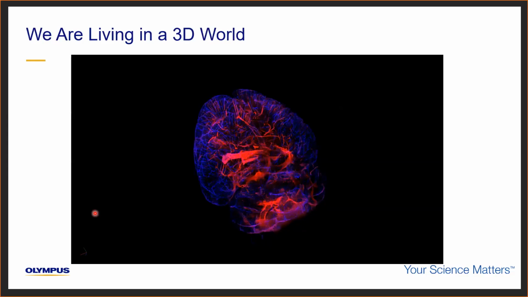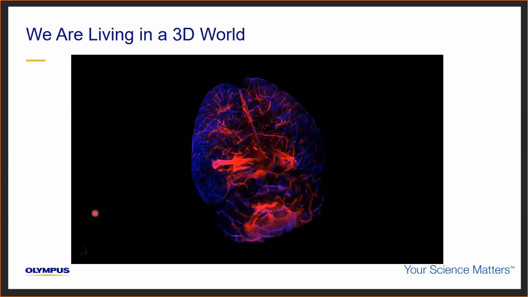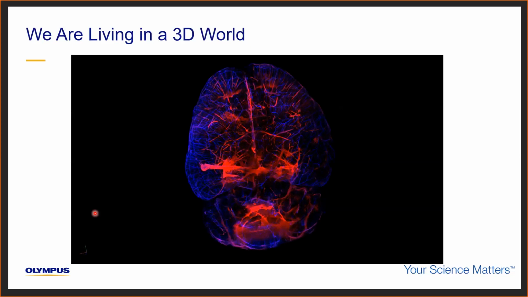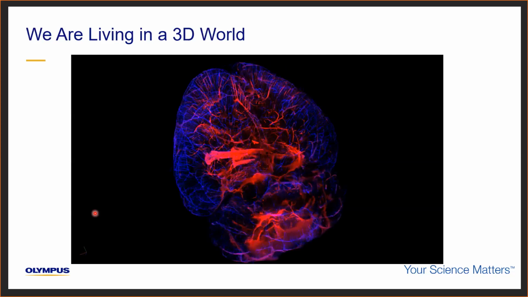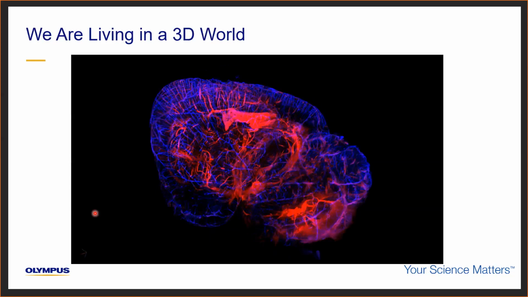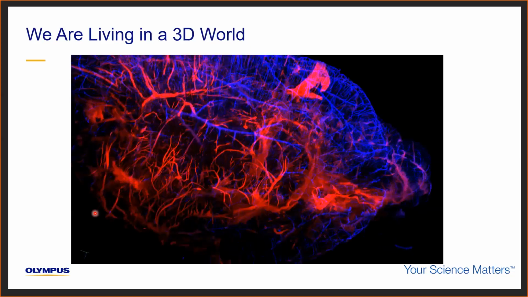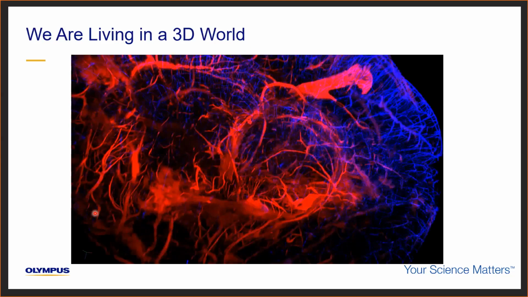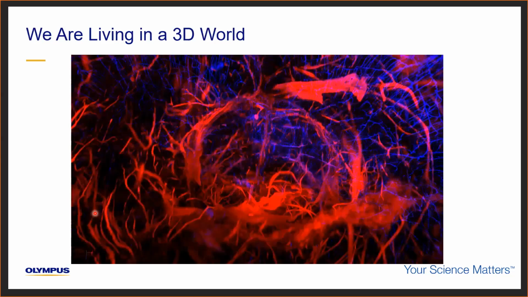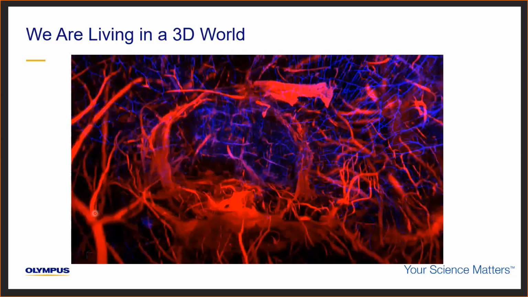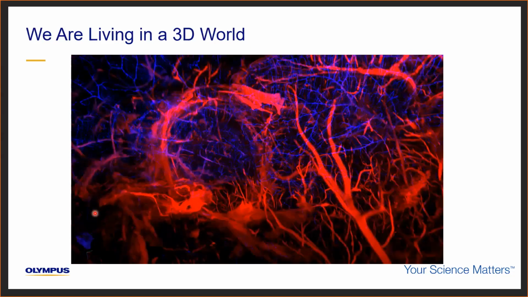Now, a key concept in biology is the correlation between structure and function of life forms at various levels of organization. This means that one can understand the function of cells, tissues, organs, and organisms by studying their structure in detail. For example, this video shows vasculature in a whole mouse brain.